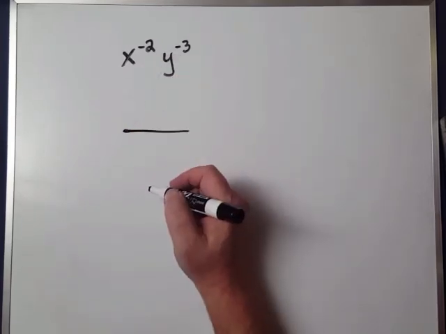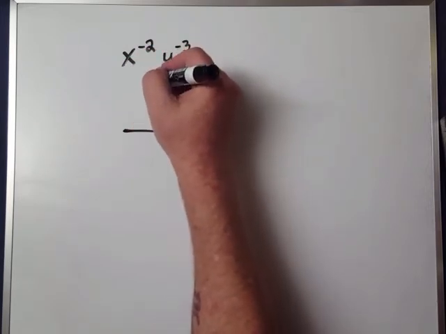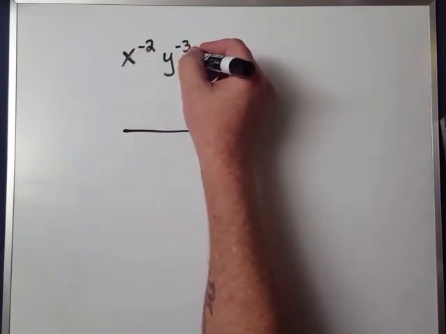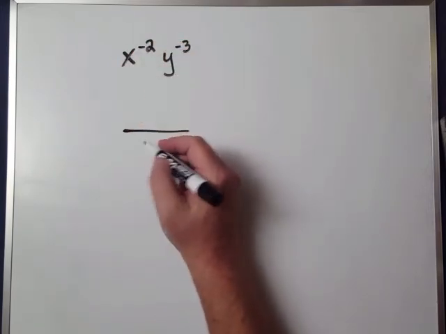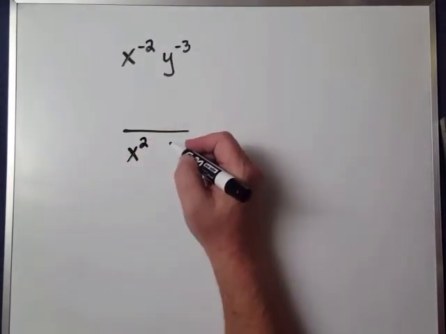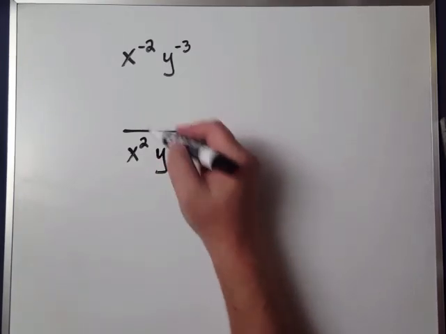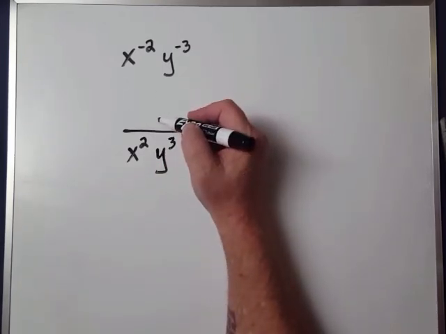And so these share a fraction bar. x to the negative 2, and you understand this is over 1, so this is all in the numerator. x to the negative 2 in the numerator is x to the positive 2 in the denominator. y to the negative 3 in the numerator is y to the positive 3 in the denominator. What's that leave behind in the numerator?